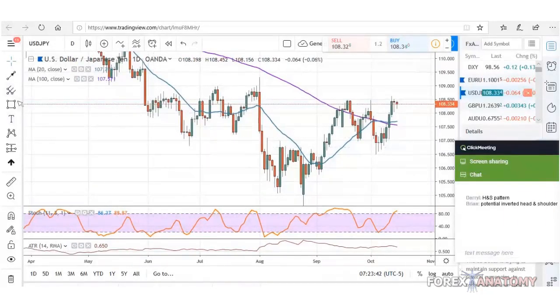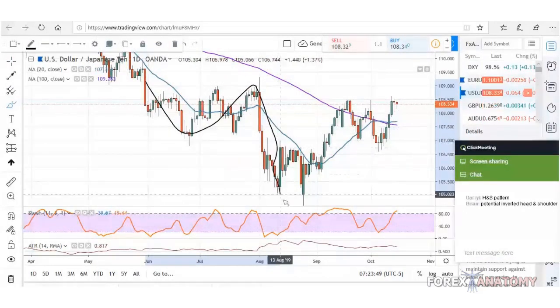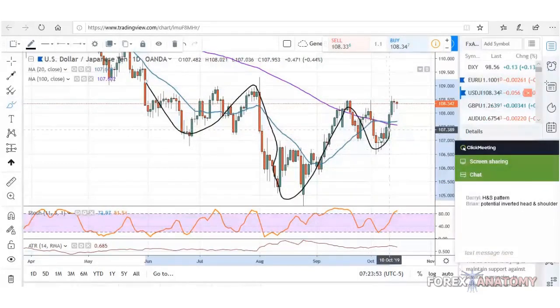We see right here, we have the left shoulder, and then the head, and then the right shoulder right here, and now price is moving higher to test this daily structure area of resistance, which makes the neckline. But also, even on this chart where the head is, you see this double bottom, right?